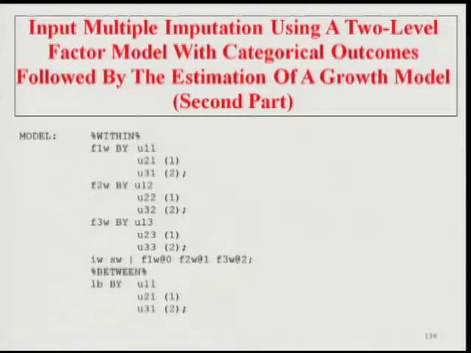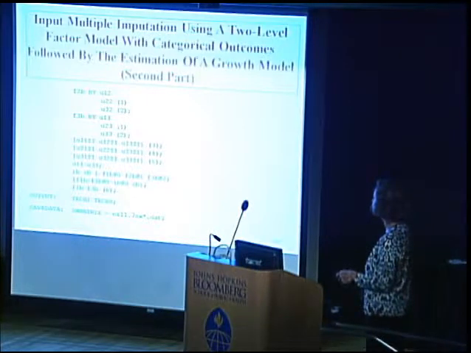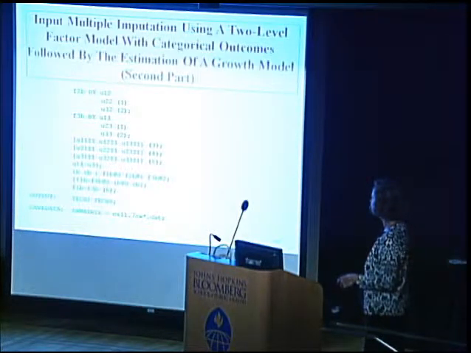And you can see we've got the same model specified on within as before, but on between we now have this much more complicated model. Latent, multiple indicator growth with factor loadings and thresholds held equal, and then our growth model with the means of the factors fixed at 0 and the growth factor intercept at 0 and the slope free.